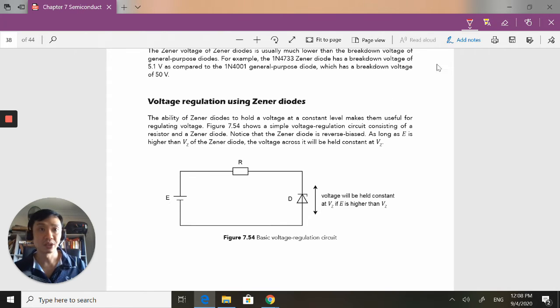So one application of a Zener diode is voltage regulation. Usually it consists of a resistor and a Zener diode over here. And remember, the Zener diode must be reverse biased. This is very important. This will work so long as the value E is higher than VZ.